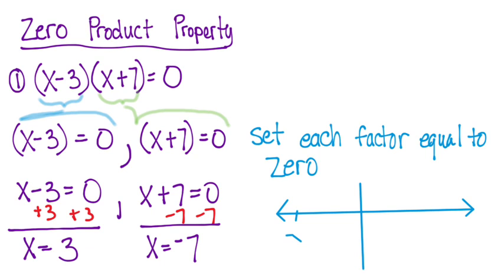Pardon me. -7 and x being +3, right? That's what we're talking about. And we know, we haven't looked at it further, but we know this is going to go this way or it's going to go this way. We'll talk about that more in a minute.